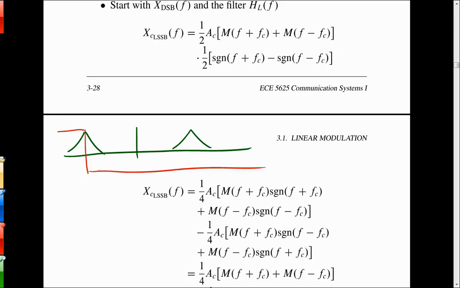I drew that backwards. Sorry about that. This one is switching over at minus FC, so it's coming down like that. And the other one is switching at plus FC, but it's got the minus sign on it, so it's going to come out negative.